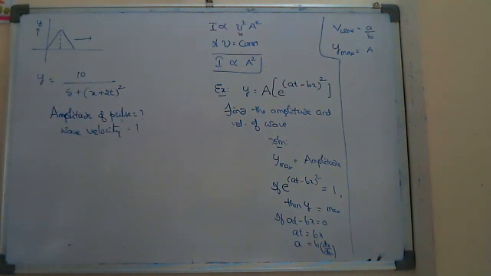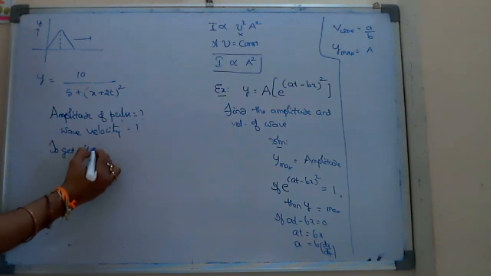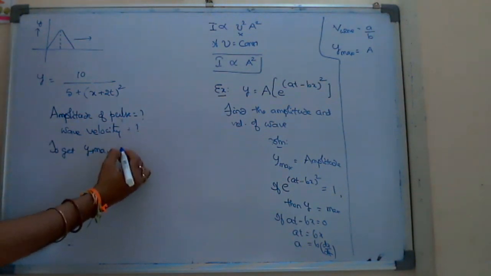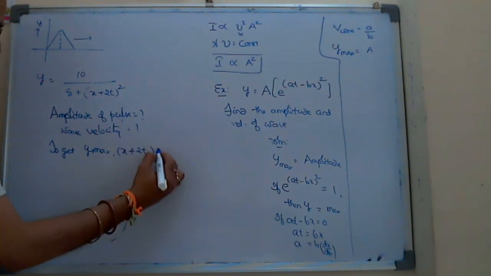Okay, to get y max, we have to put x plus 2t equal to 0.